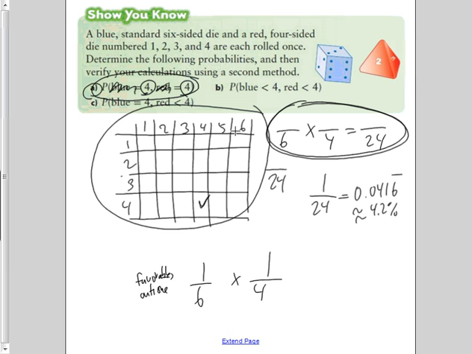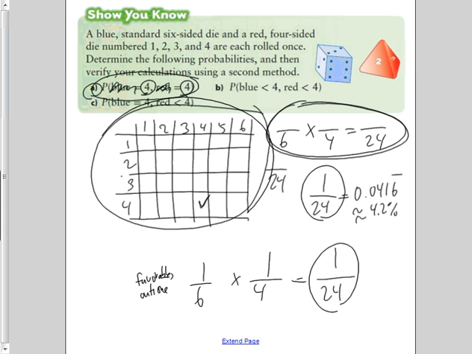Again, just 1. Now we have the multiplication of two fractions, which is a grade 8 outcome. What's my numerator going to be if I multiply that out? 1. What's my denominator? 24. I get the same answer, but rather than using the table, I can just create individual probabilities and multiply them together to get the favorable outcomes as well as the possible outcomes.